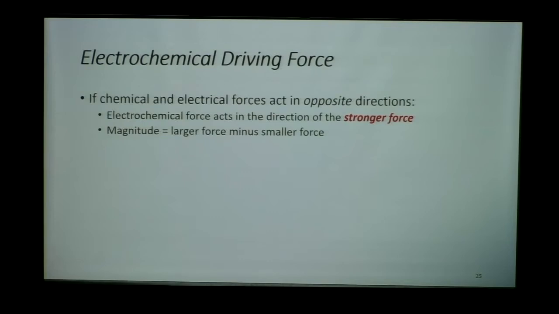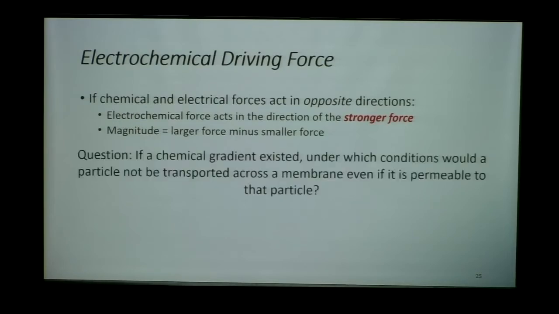If the forces are in opposite directions, right? We had a chemical driving force that's moving a particle out of the cell, and we have an electrical driving force that wants to move a particle into the cell. So the forces are in opposite directions. Here, we must decipher which force is more influential, more dominant, stronger. And for that, we have to consider the equilibrium potential, which we'll talk about in a minute, okay?